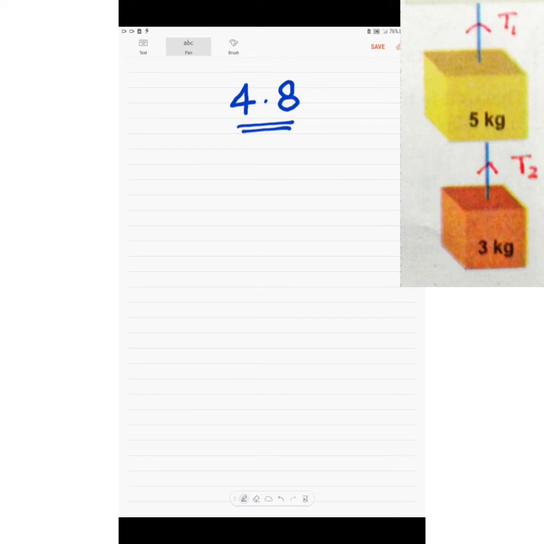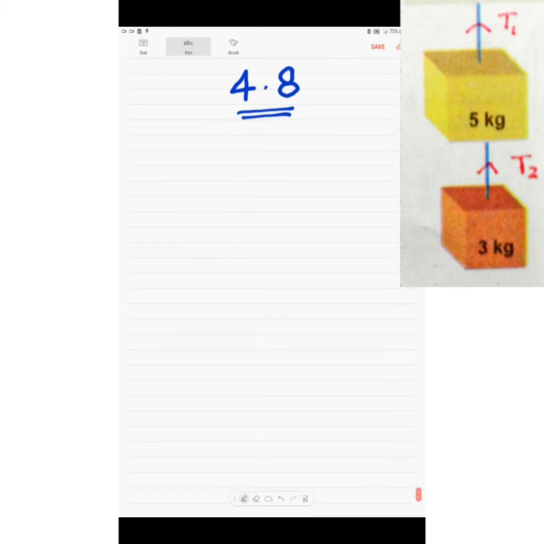So tension in that string is due to the weight of both of the blocks. The second string, in which tension 2 is mentioned in the figure, is just holding the block of mass 3 kg. Hence, this tension is because of only the weight of this block. Now, write down the given data.